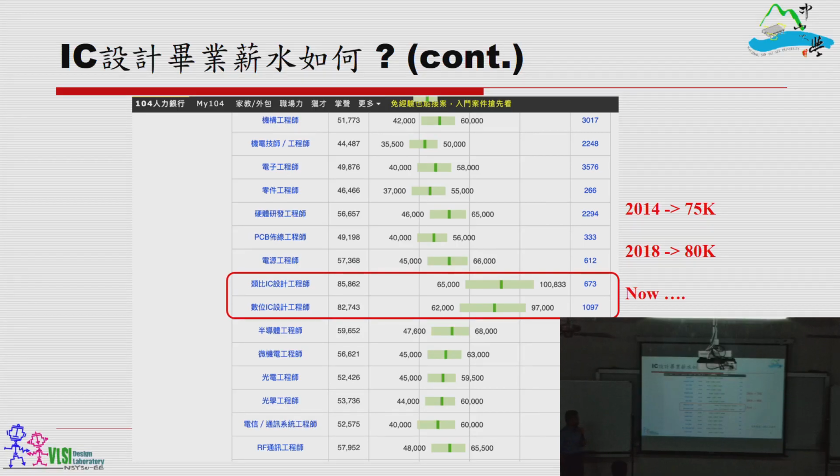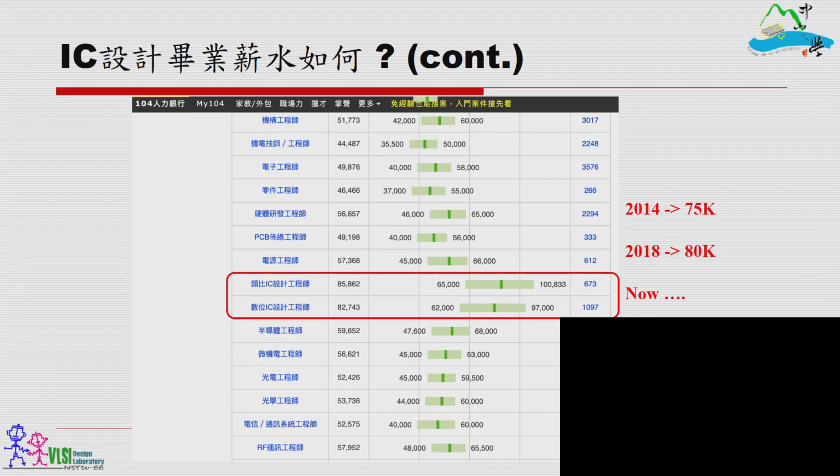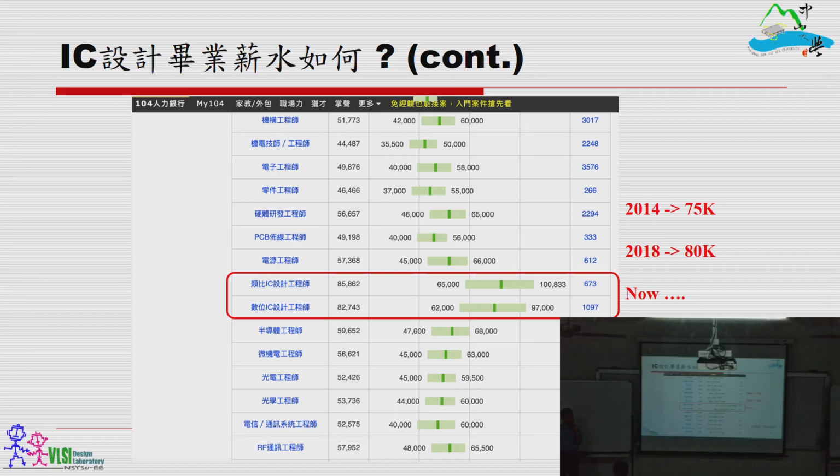And if you are hired by MTK, which is the number one Taiwan IC design house right now, according to what my students say, the average annual pay will be 1.5 million to 2 million for an entry-level engineer. You cannot find anything better than this.